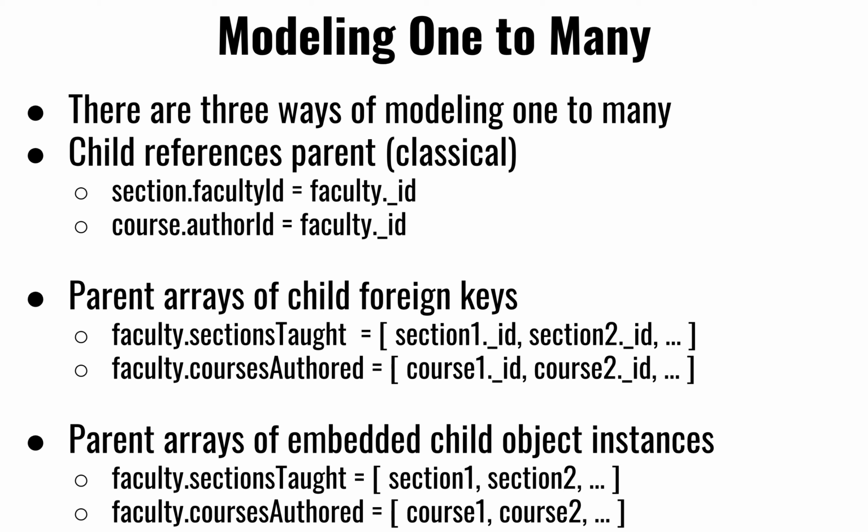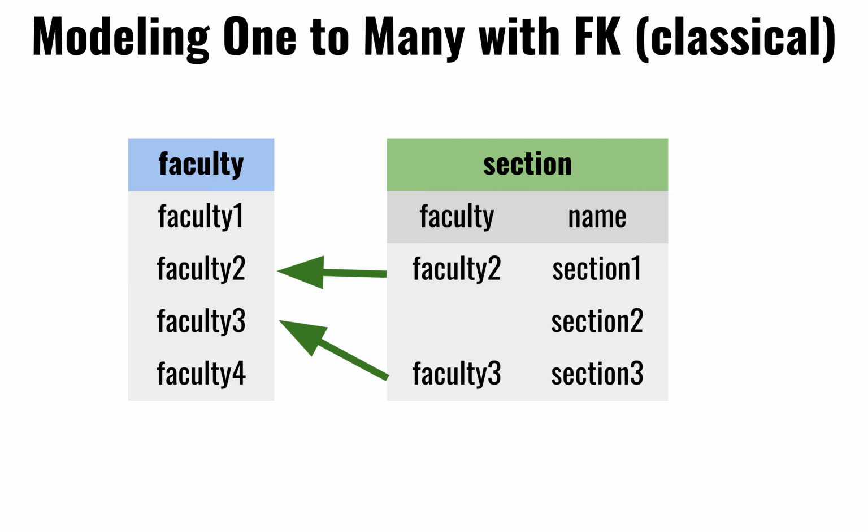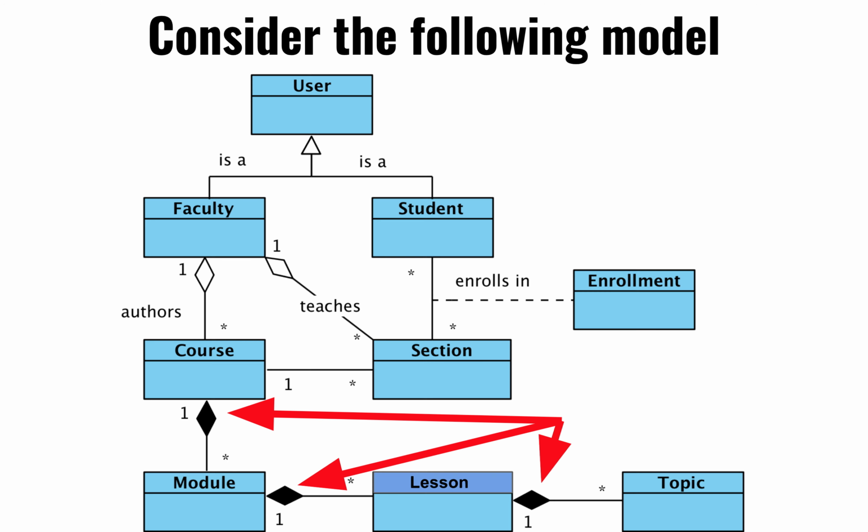Make sense? So depending on the use case, it might make sense to embed them. It might not make sense to embed them. So for instance, there's another data model down here somewhere where you have a course. A course, in the sense that we have been working with throughout the semester. Courses contain modules. Modules contain lessons. Lessons contain topics, and topics contain widgets.